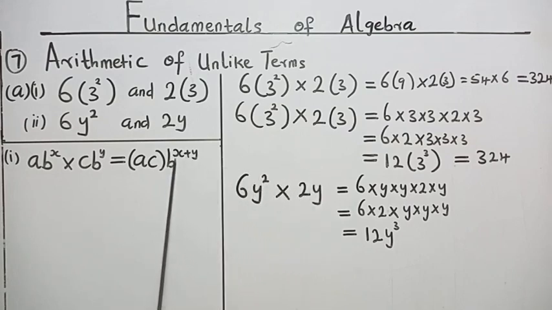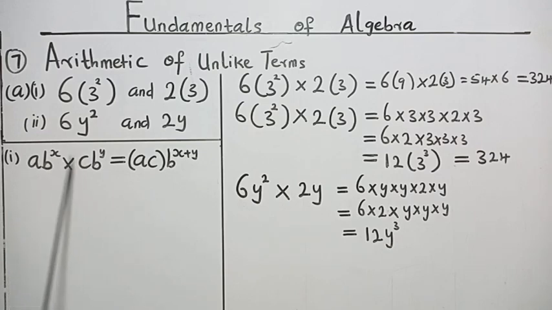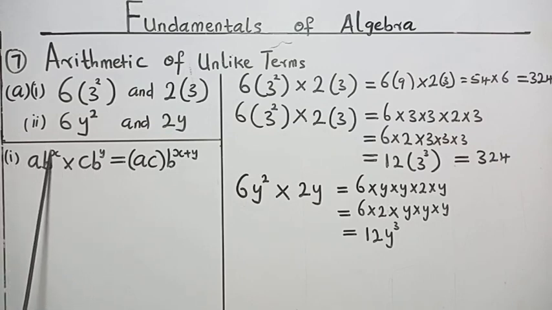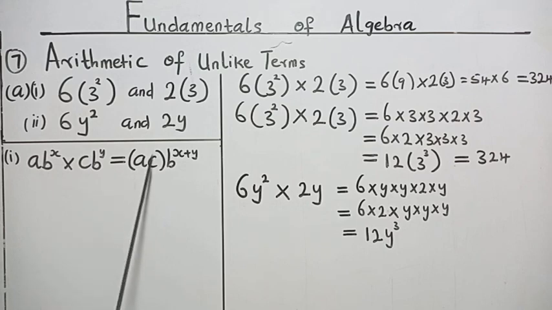So at last, x plus y is equal to 2 plus 1, and that gave us this 3. So eventually, we accepted that when 2 unlike terms multiply and they have the same variable but in different powers, and then they have different constants that quantify them, this is the way to simplify it.